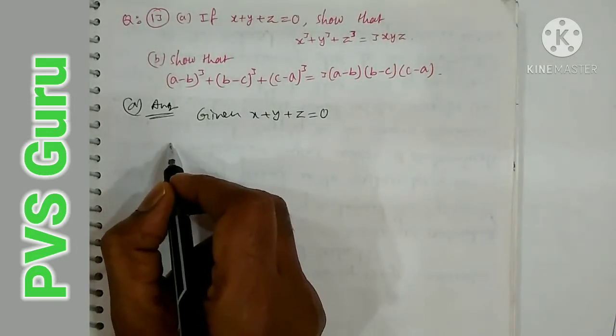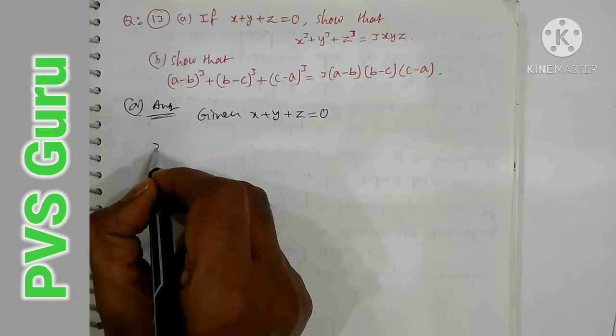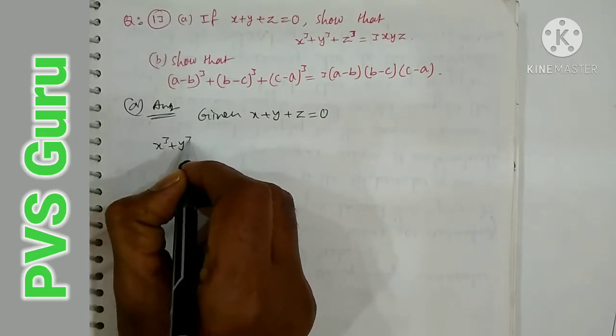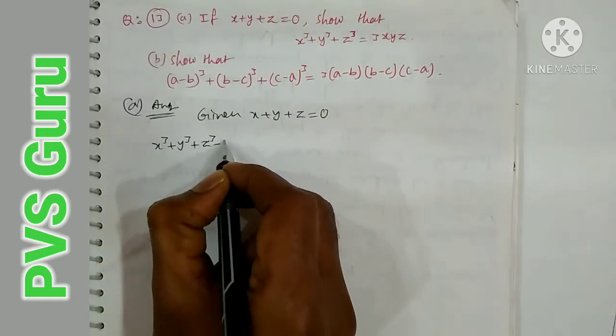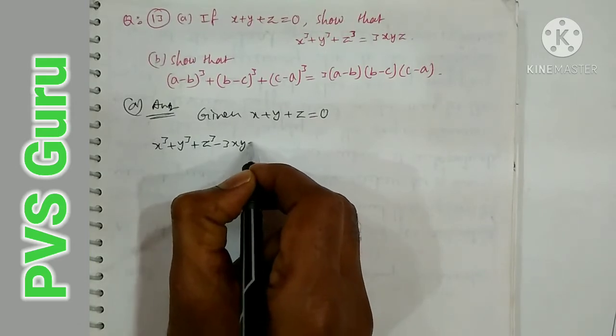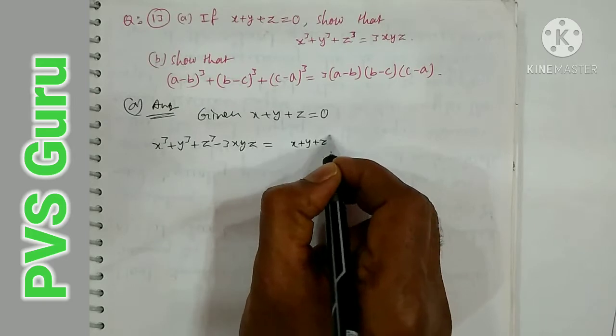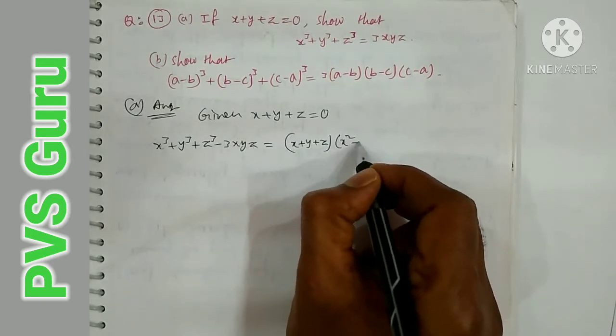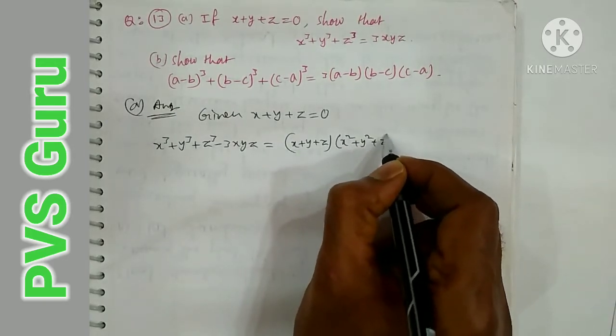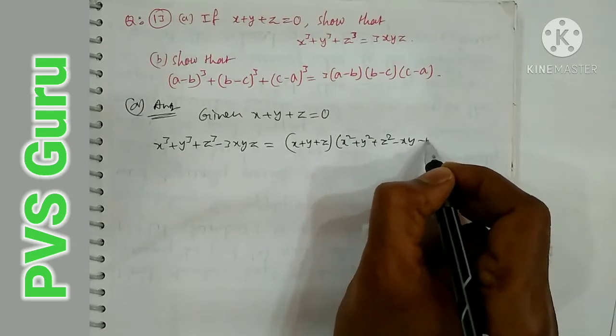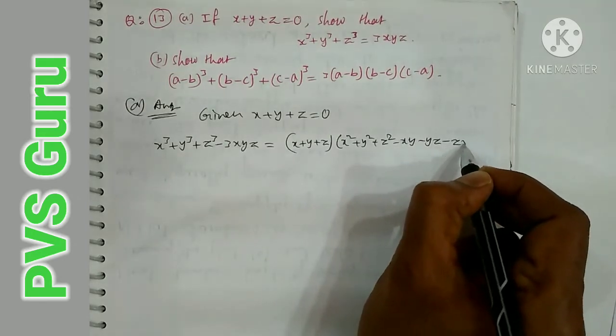From the 8th identity, x cube plus y cube plus z cube minus 3xyz is equal to x plus y plus z into x square plus y square plus z square minus xy minus yz minus zx.